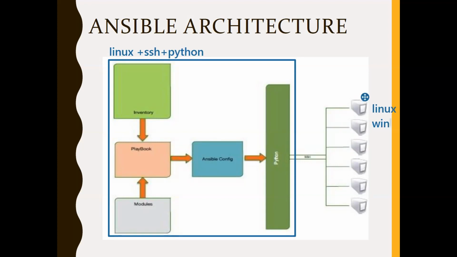But they should also have Python installed. Python comes automatically with all Linux machines. And SSH should be installed for Linux. That's the protocol used. If it's Windows, WinRM is used, Windows Remote Management.